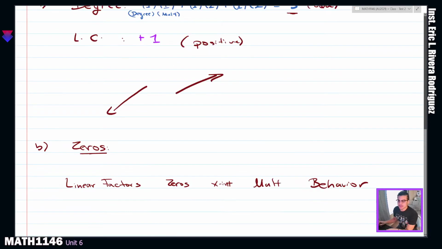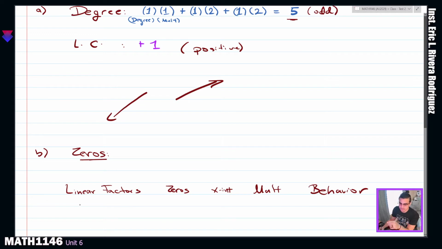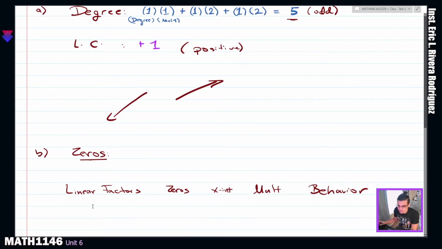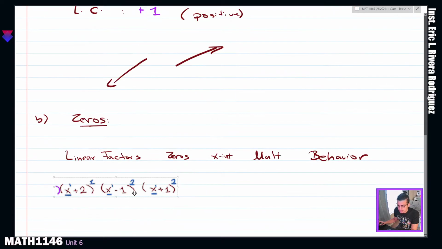Okay, so from the linear factors we have x plus 2. I should copy and paste this.